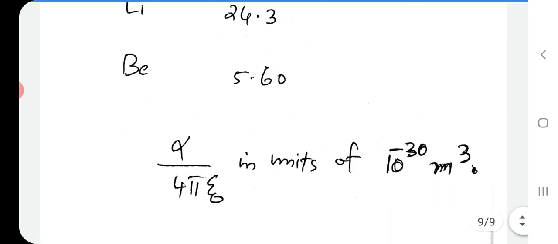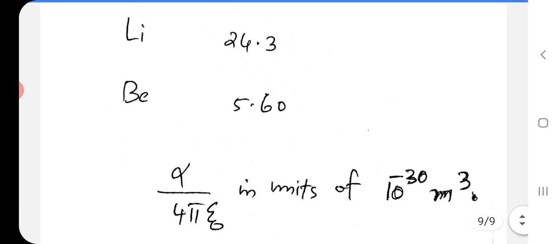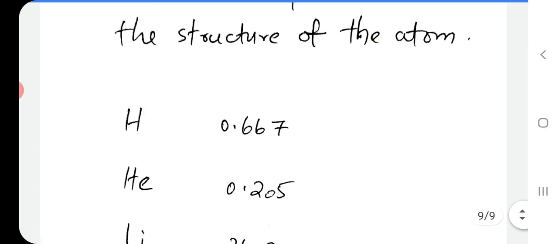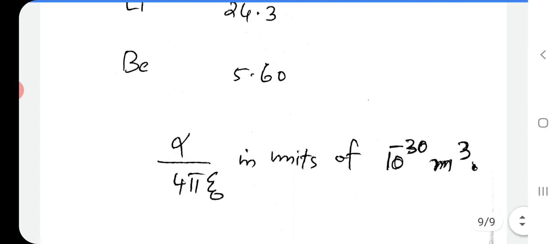All of these are written in units of 10 raised to minus 30 meter cube. Here what we have taken is alpha by 4 pi epsilon 0. So these are not alpha, but actually alpha by 4 pi epsilon 0 in units of 10 raised to minus 30 meter cube.